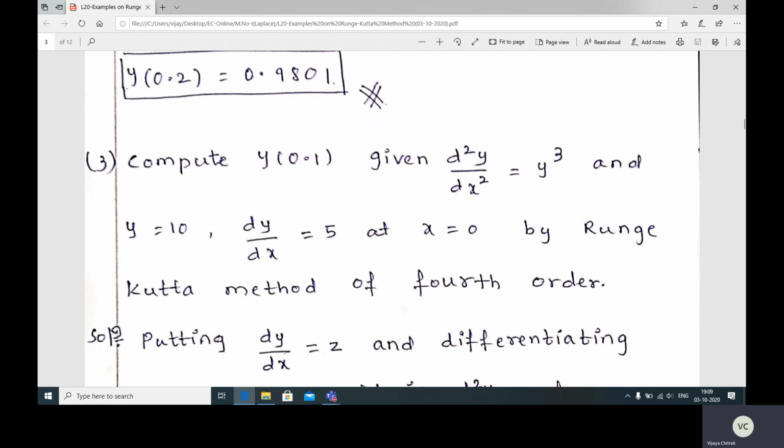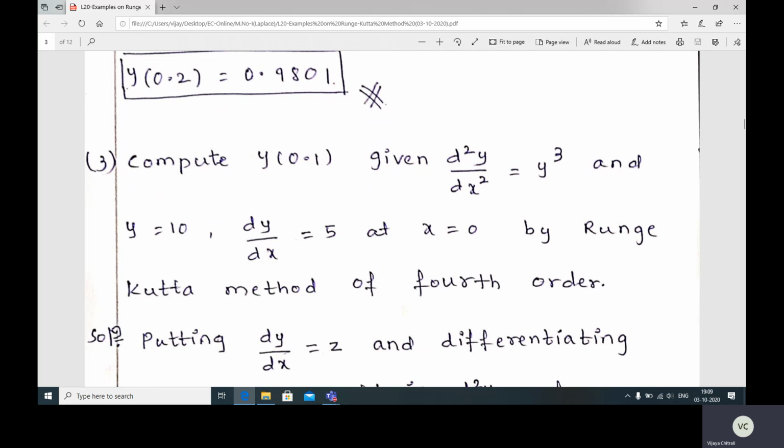K2 is h into f of x naught plus h by 2, y naught plus k1 by 2, z naught plus L1 by 2, and L2 is h into g of x naught plus h by 2, y naught plus k1 by 2, z naught plus L1 by 2. K3 is equal to h into f of x naught plus h by 2, y naught plus k2 by 2, z naught plus L2 by 2.